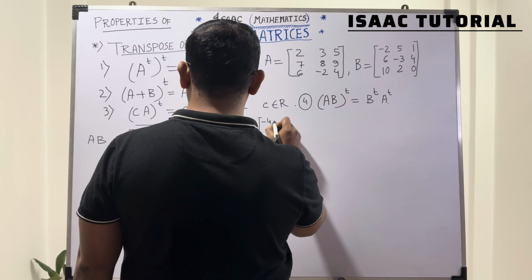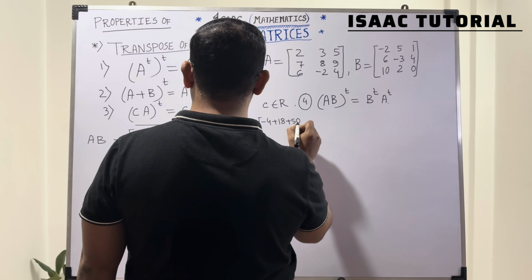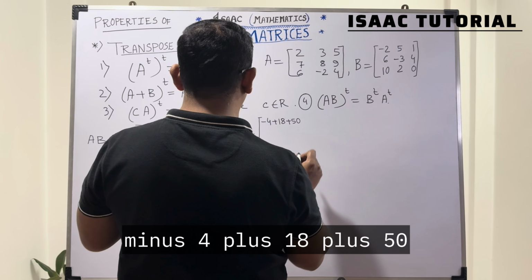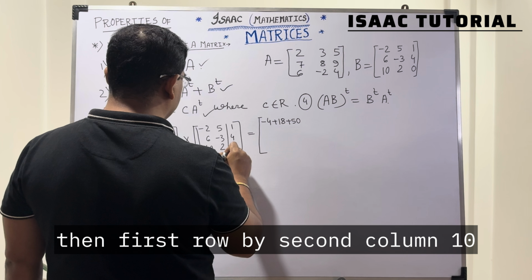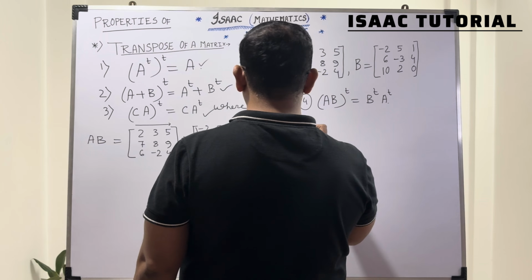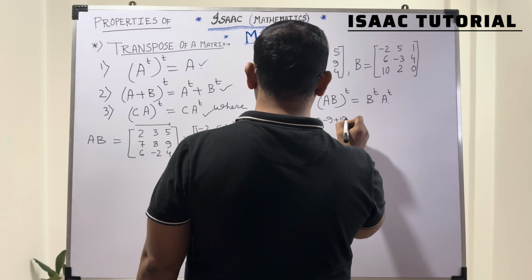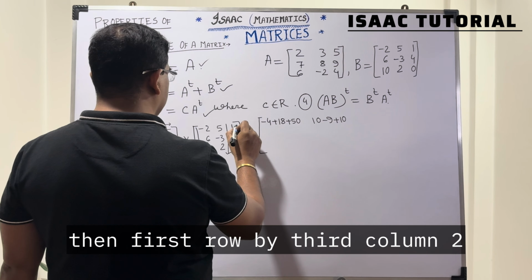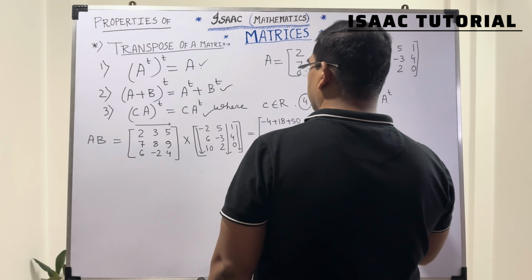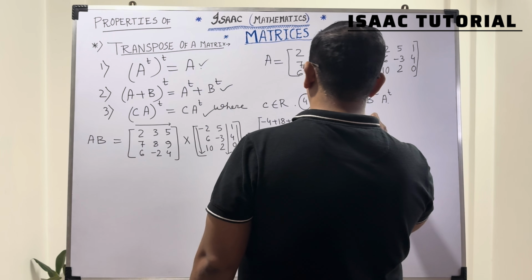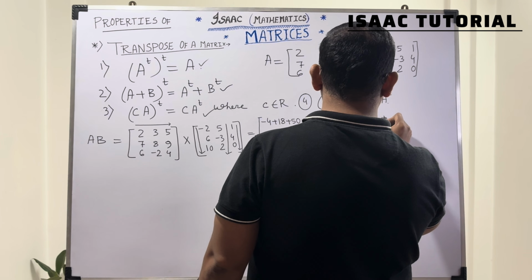Minus 4 plus 18 plus 50. Then first row by second column. 10 minus 9 plus 10. Then first row by third column. 2 plus 12 plus 0.